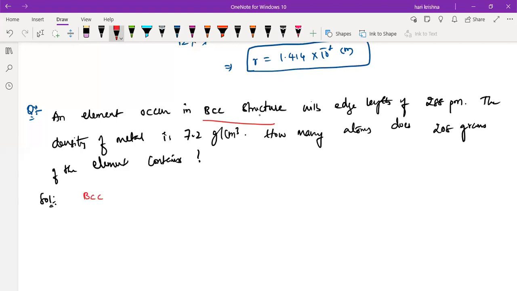First information is BCC structure. That means 2 atoms per BCC unit cell.